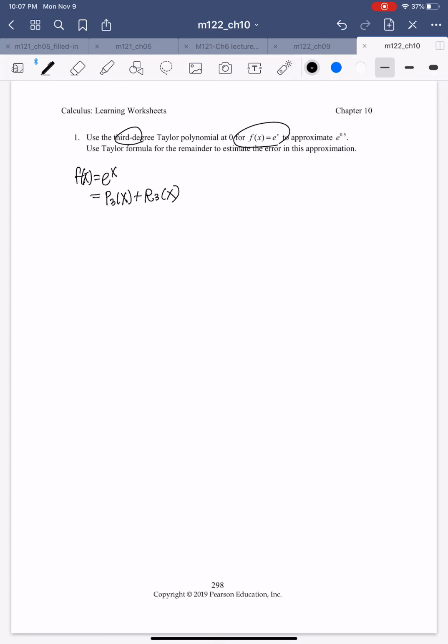Well, we know the e to the x Taylor polynomial, right? From table 1, chapter 10.3 from the PowerPoint, e to the x is 1 plus x plus 1 over 2 factorial x squared plus 1 over 3 factorial x cubed plus e raised to the t, x to the 4th over 4 factorial.